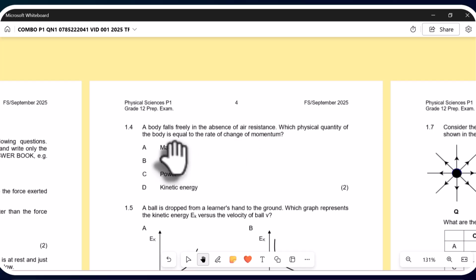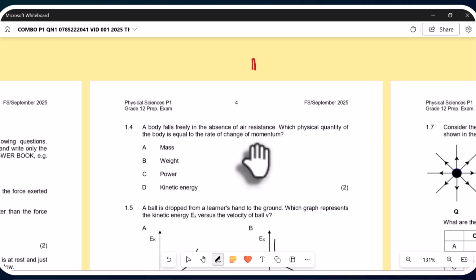So it's going to give us the mass times acceleration. But because it is falling freely, the acceleration is gravitational acceleration. So it's going to be mass times g, and we call it weight. So the answer is B here.